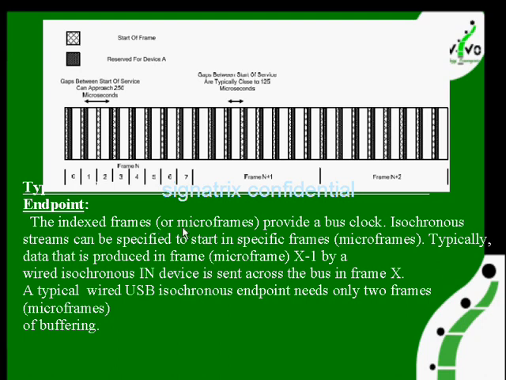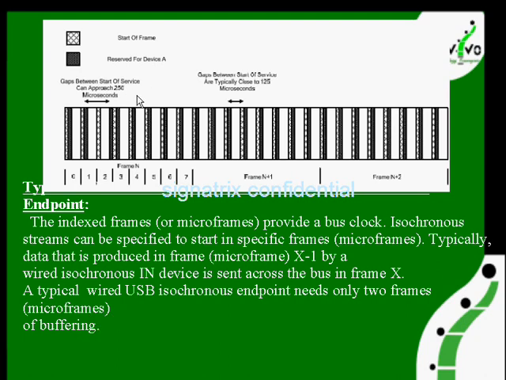The indexed frames or microframes provide a bus clock. Isochronous streams can be specified to start in specific frames. Typically, the data that is produced in frame or microframe x-1 by a wired isochronous device is sent across the bus in frame x. A typical wired USB isochronous endpoint needs only 2 microframes of buffering.